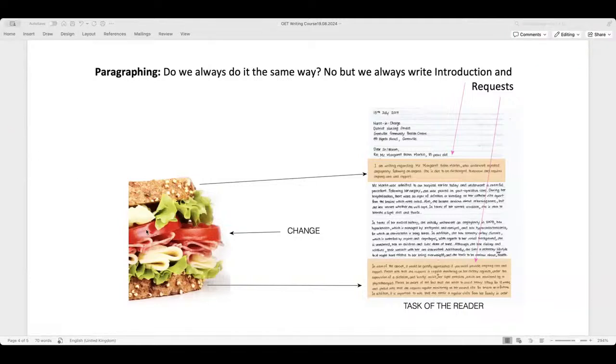Maybe to change the taste. Well, think about it. Who's eating the sandwich, guys? Who will eat the sandwich? Me, or maybe another person. So when you make that sandwich, you're thinking, what sandwich does the person want to eat?